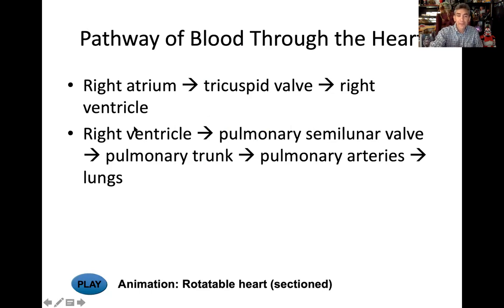So right ventricle through the pulmonary semilunar valve to the pulmonary trunk, which is a major artery. This is fused, right? It's one path. And then we're going to go into the right and left sides. So we go from the shared pulmonary trunk to the right pulmonary arteries, left pulmonary arteries, and eventually we go to the lungs to pick up oxygen.